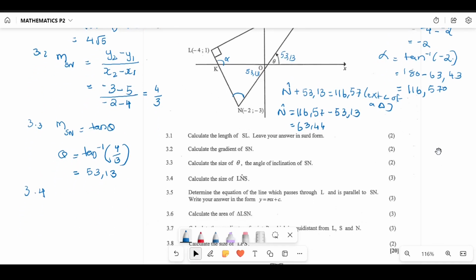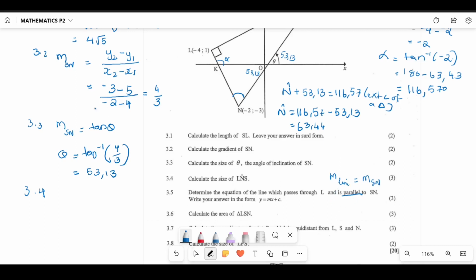Now determine the equation of the line which passes through L and is parallel to SN. The word parallel is given here for us to identify the gradient of the line. It's parallel to SN, which means the gradient of the line is equal to the gradient of SN.